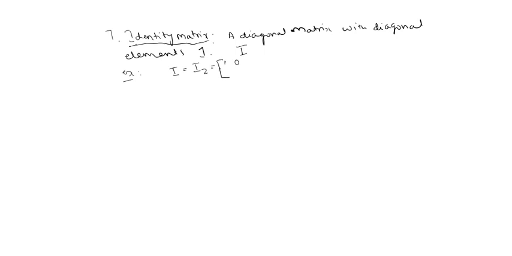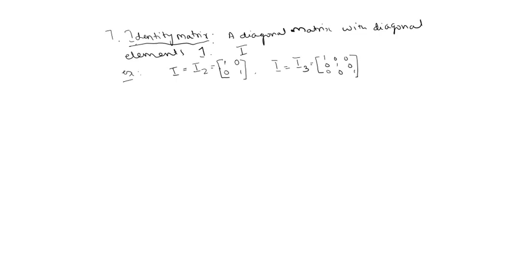If we take I of order 3, we denote it as I3 equal to 1 0 0, 0 1 0, 0 0 1. This is the identity matrix. Similarly, we can write I4, I5.